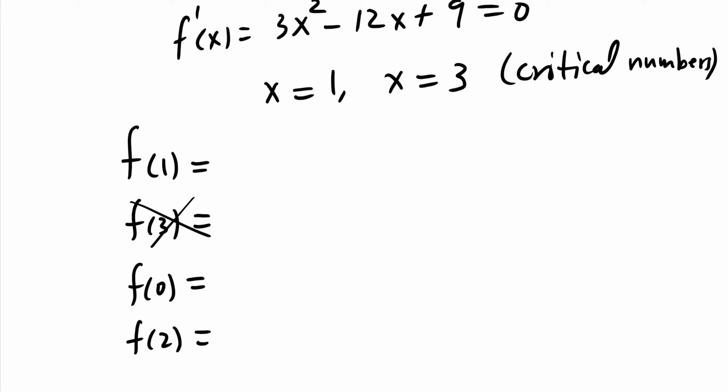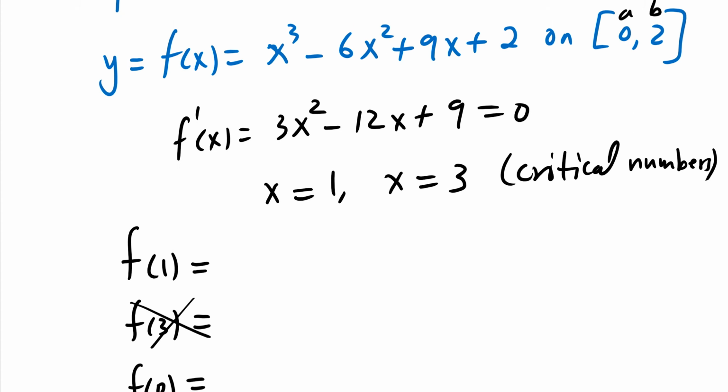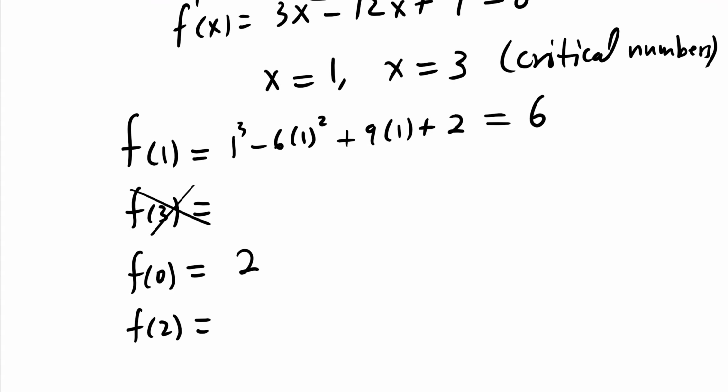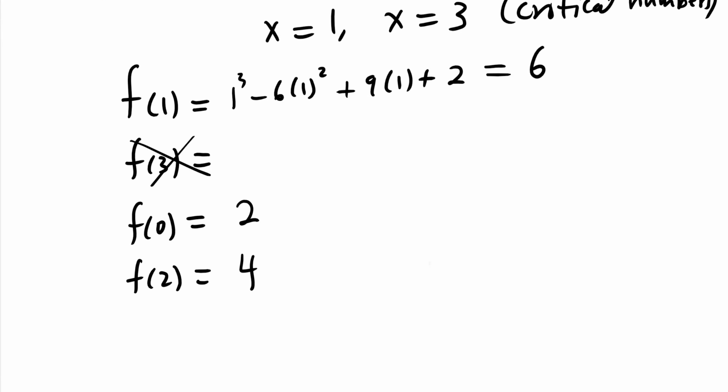So f of 1, just substitute 1 into the function, which is not difficult to do. It's just 1 cubed minus 6 times 1 squared plus 9 times 1 plus 2. That will give us 6. f of 0 is the easiest, it's 2. And f of 2 is 4. So notice which one is the highest value, this one.